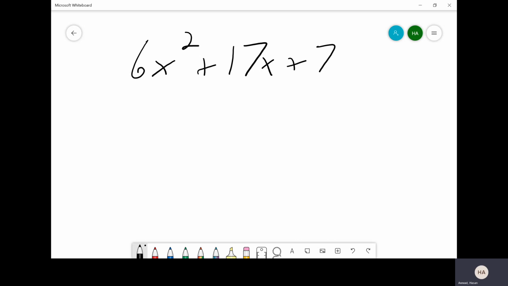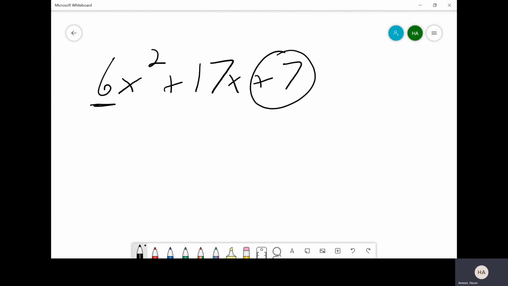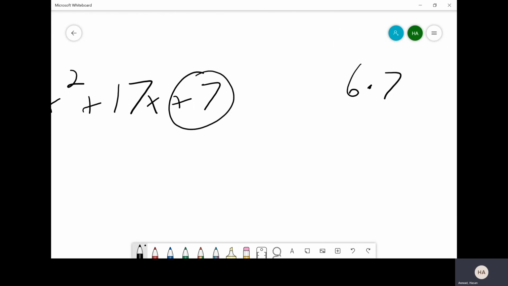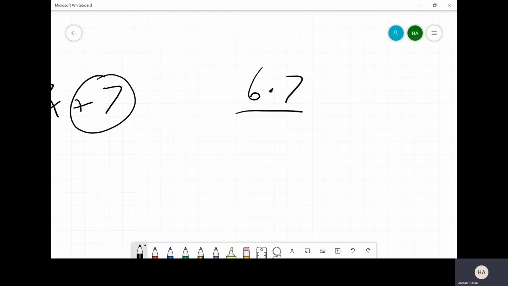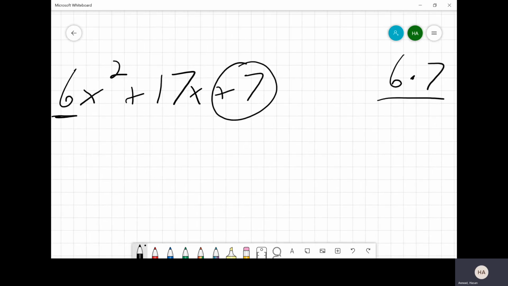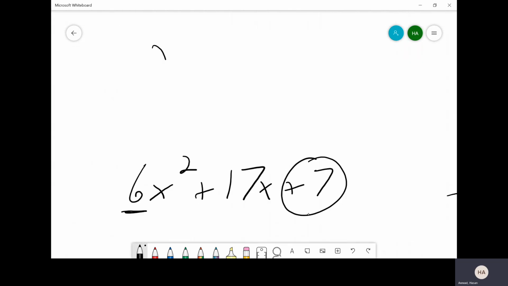So what we have to do is before we examine the factors of 7, we actually have to multiply this coefficient times the last number. So we're going to do it off to the side. We're going to say, okay, 6 times 7, and 6 times 7 is equal to 42. And you might be wondering, well, why didn't we have to do that before with the example of x squared plus 7x plus 6?